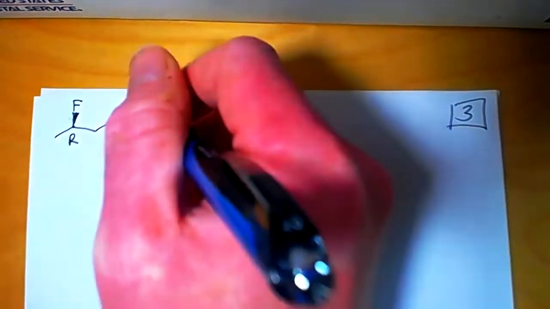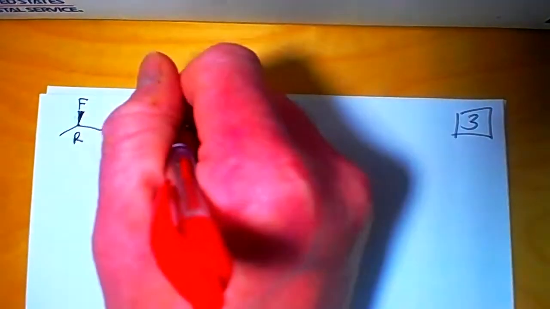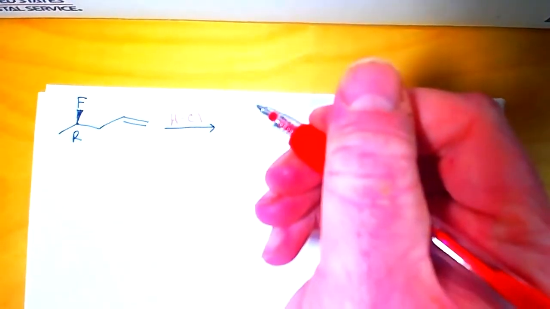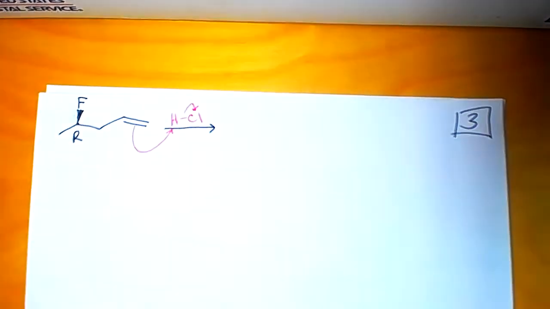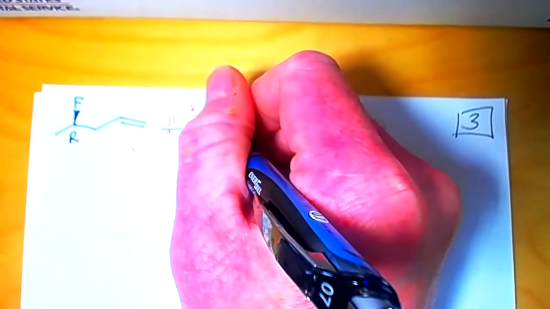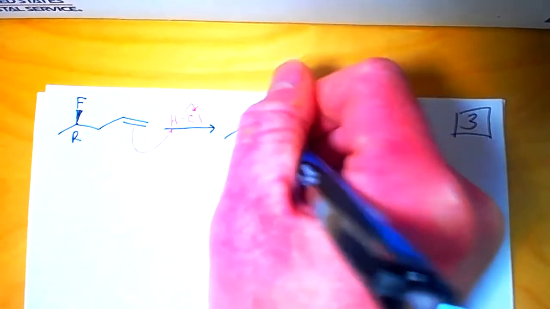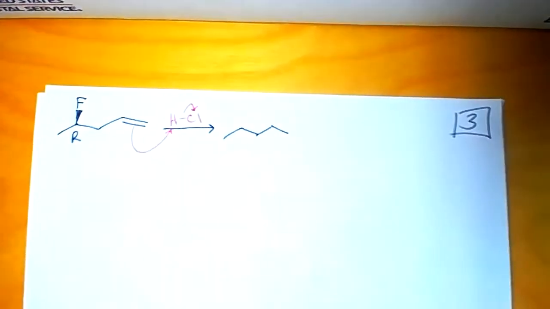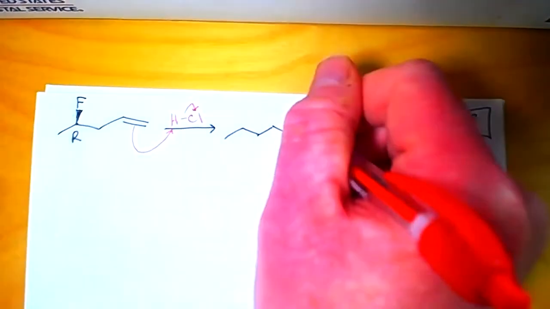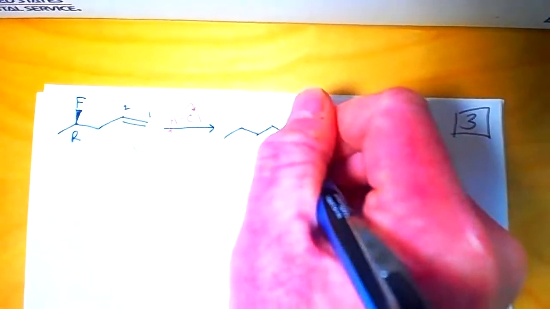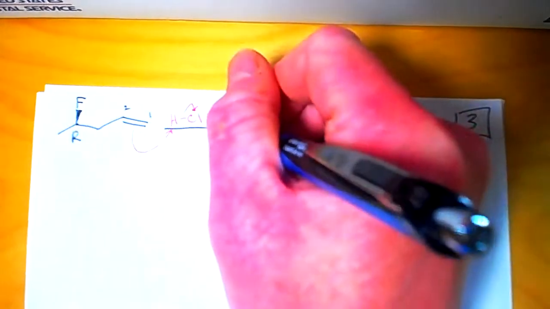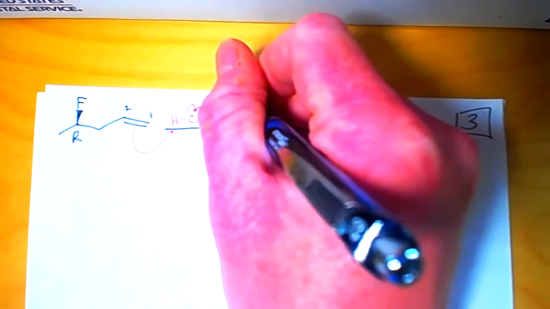Now if you were to treat this with HCl, that would do our Markovnikov addition, meaning you would add hydrogen here to the side of the double bond, line number 2. And you would have a positive charge here, but this fluoride over here is still there.